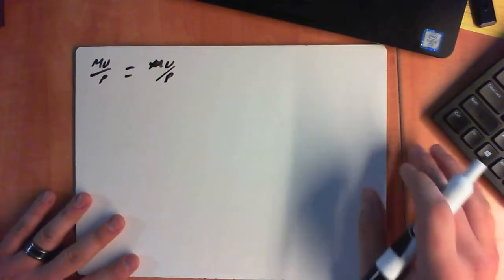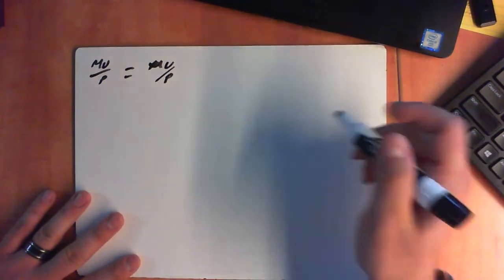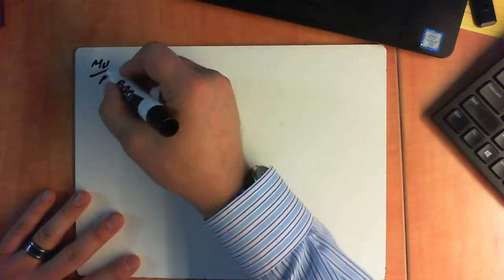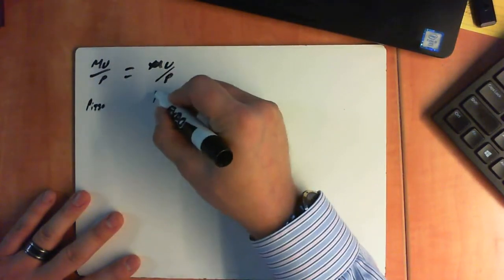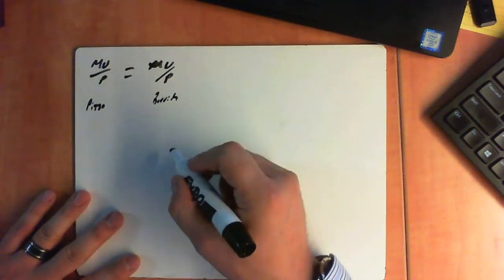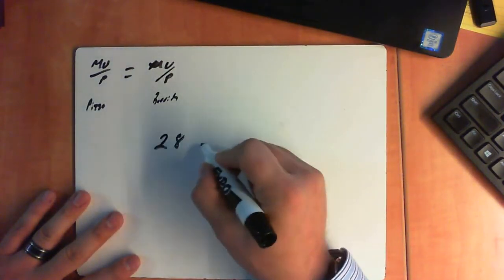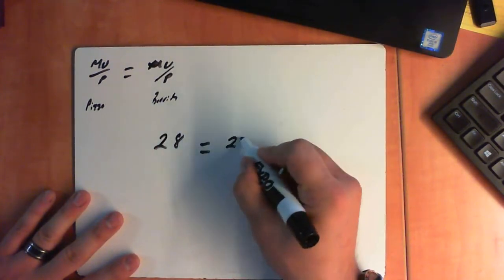In equilibrium, her marginal utility of pizza is 28, and the marginal utility of a burrito is 21. So the marginal utility of a pizza is 28, and the marginal utility of a burrito is 21.